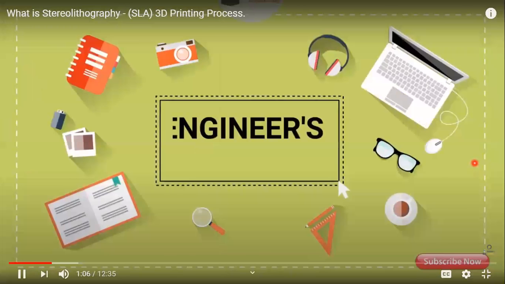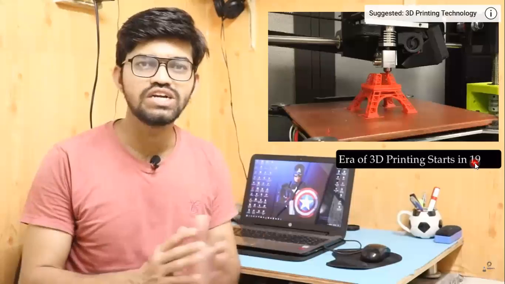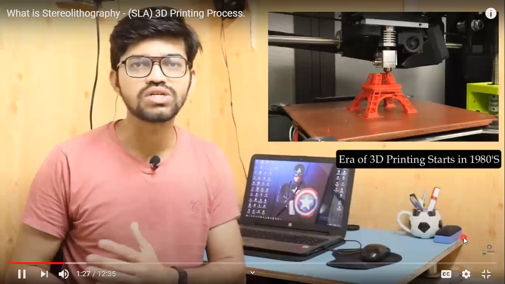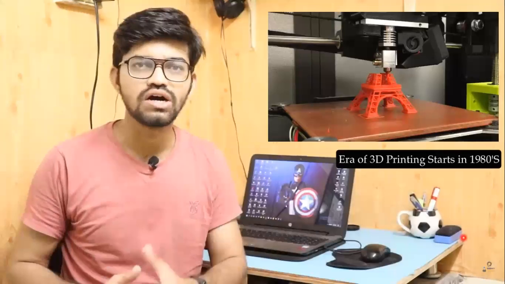So guys, in the 1980s the era of 3D printing began. At that time advanced 3D printing technology was first introduced into the market, and from then on it kept growing.